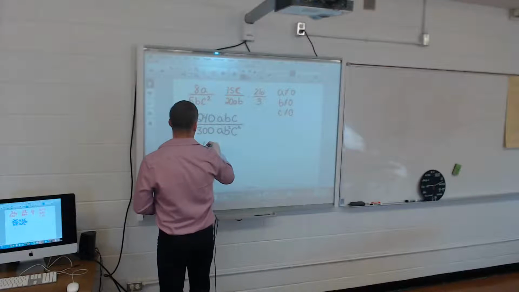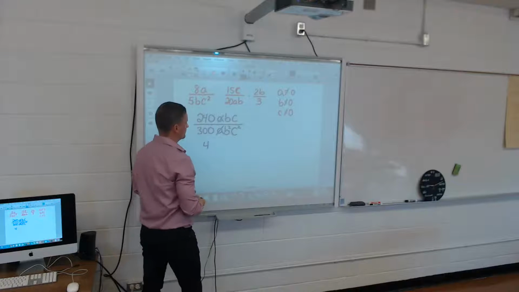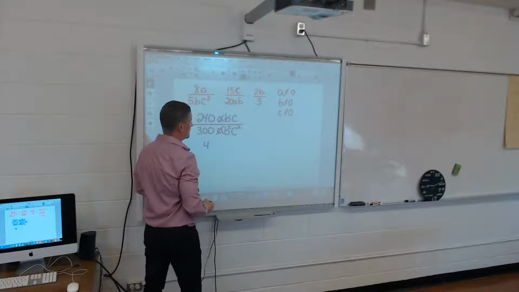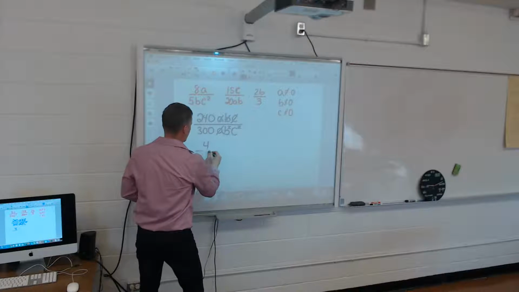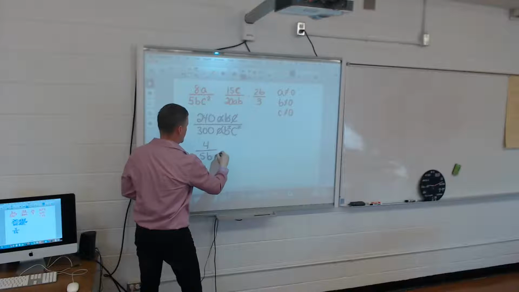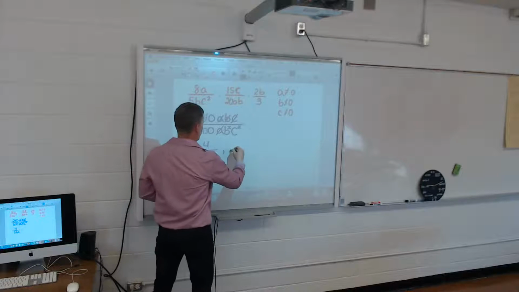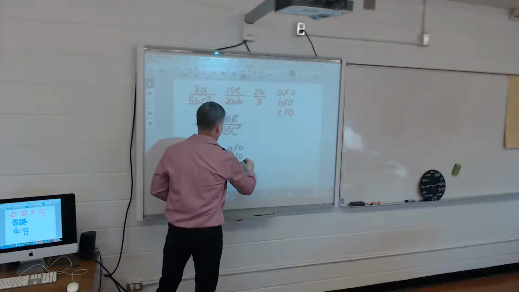So I have 4. A cancels, A cancels. B cancels with 1 on the bottom. C cancels with 1 on the bottom. I am left with 4 over 5BC, where A, B, and C cannot equal 0.